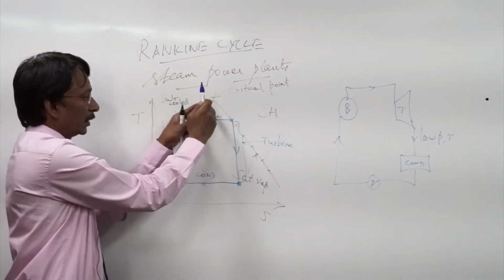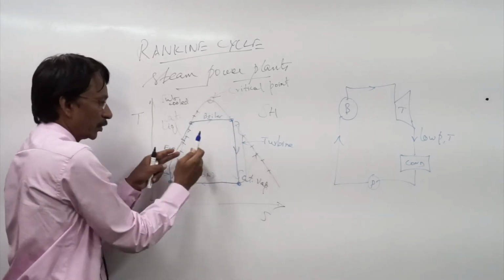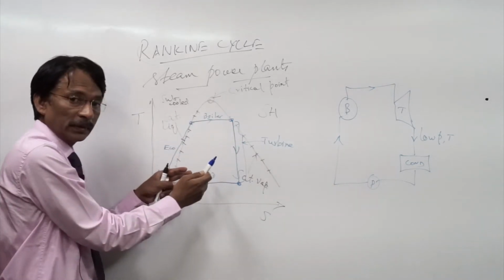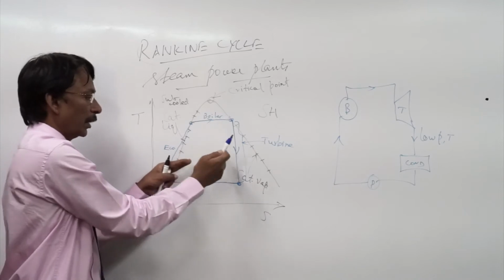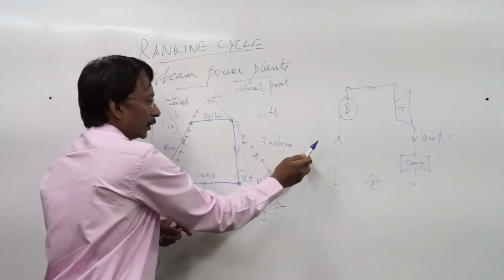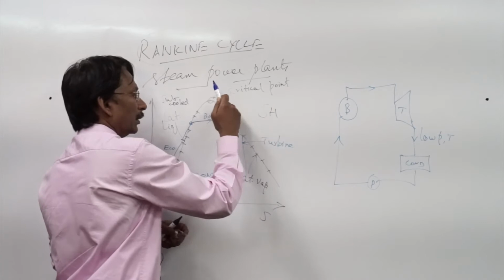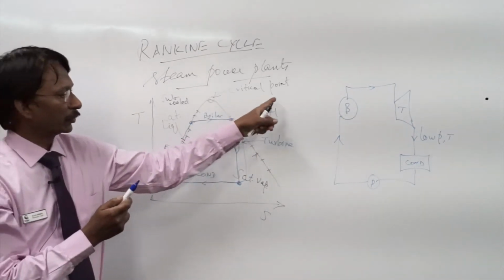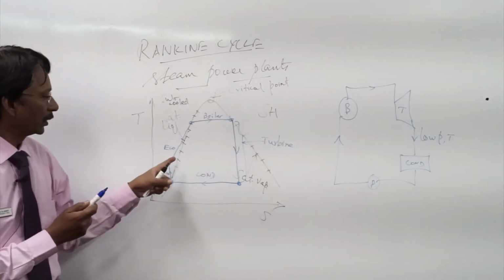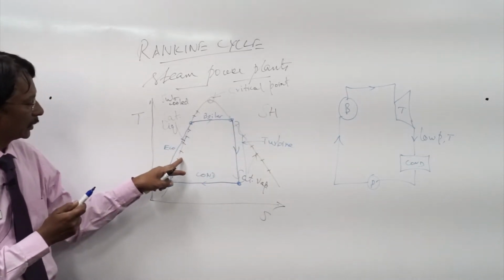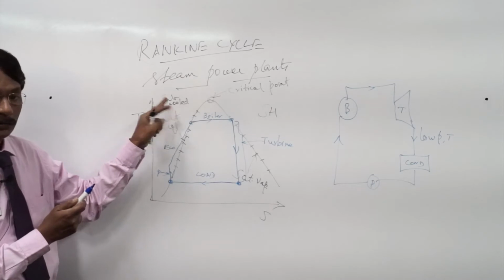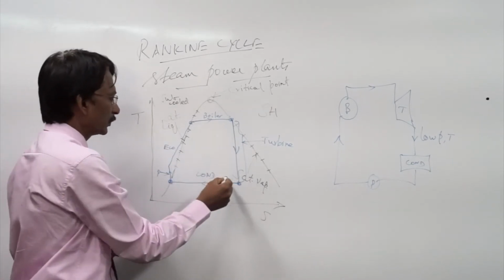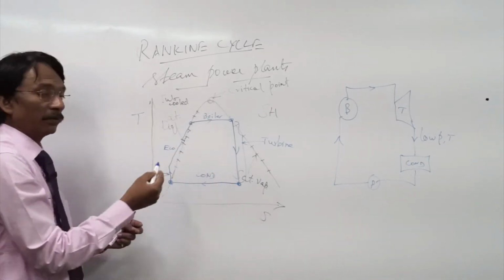So please understand, under the vapor dome we have the mixture of steam and feed water, and beyond the saturated vapor line we have the superheated region, and beyond the saturated liquid line we have the subcooled region. So this is the basic Rankine cycle.